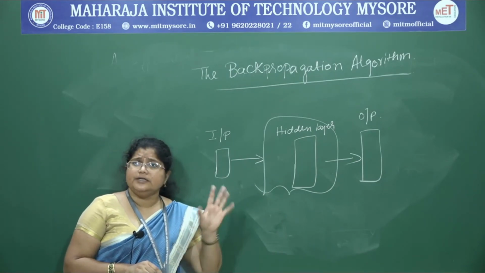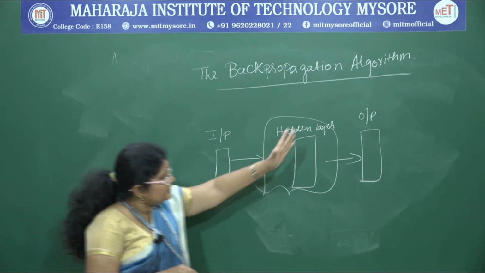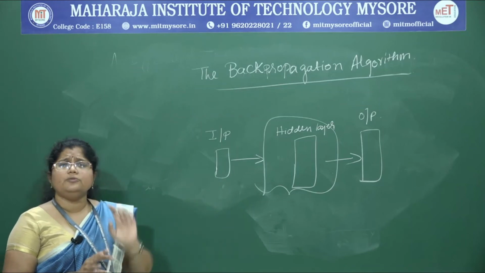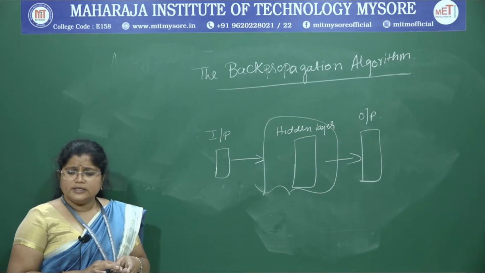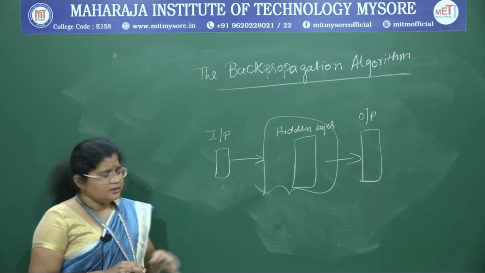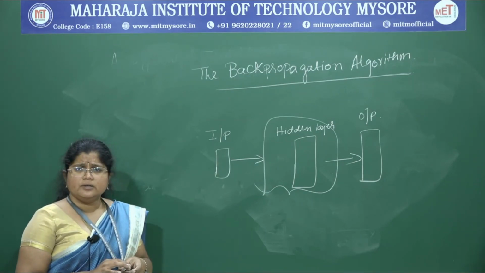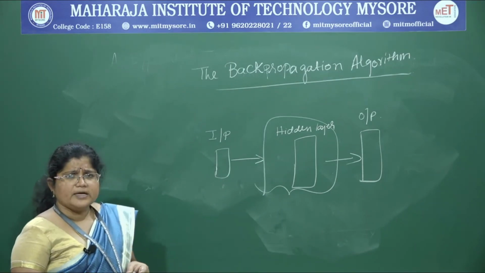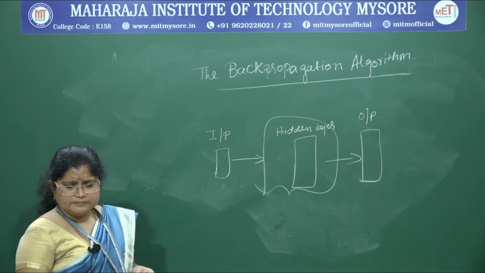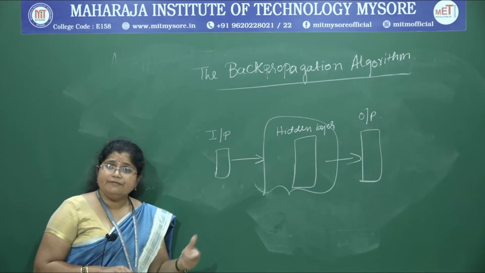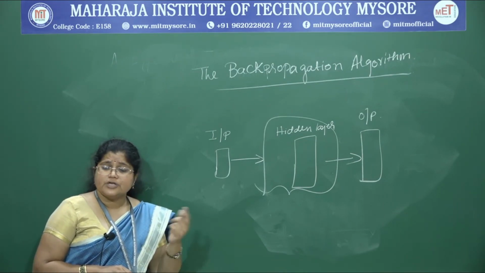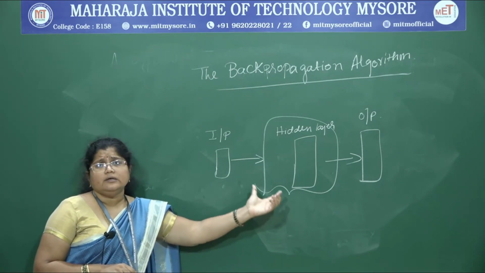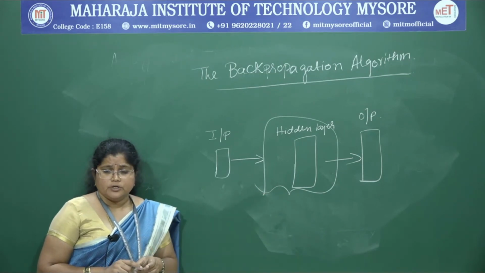In a backpropagation algorithm, we consider networks with multiple output units rather than a single output unit. We also consider multiple input units, and multiple hidden layers. By considering all these criteria, we redefine the error to sum the errors over all of the network outputs.